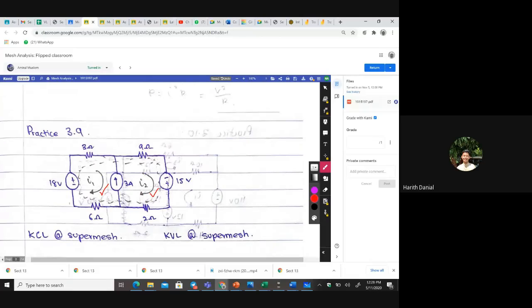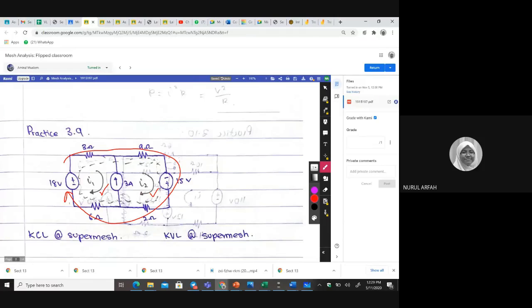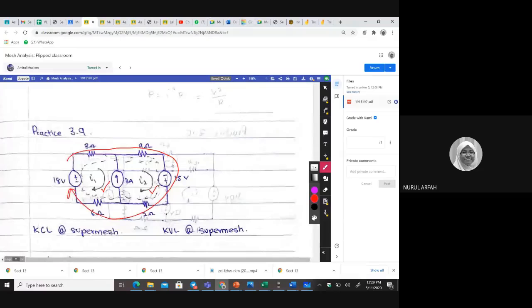Yes, it seems like Amirul is drawing some boundary there. If you have a highlighter, it's better to use that, but this I can accept. So this is a super mesh. Sometimes if you don't put the drawing like this, I will look at the word super mesh.